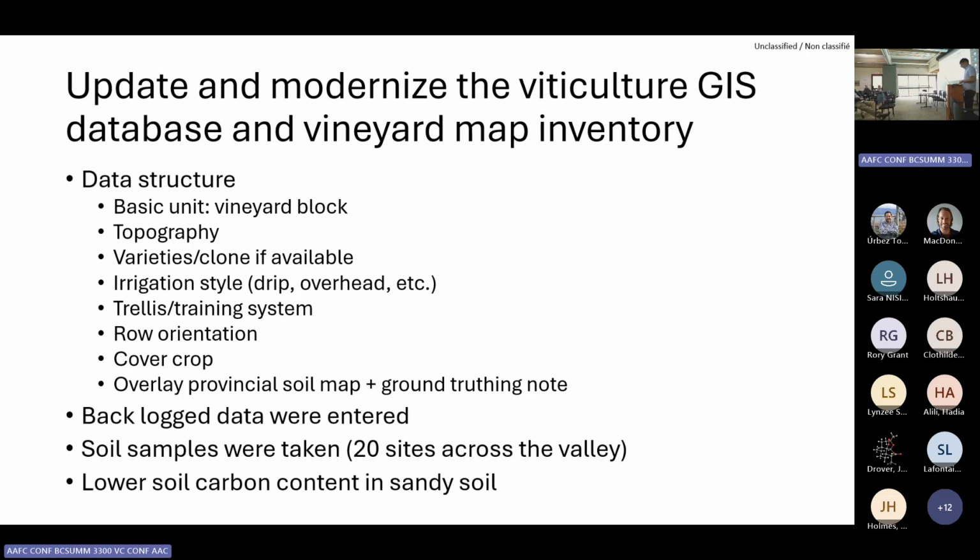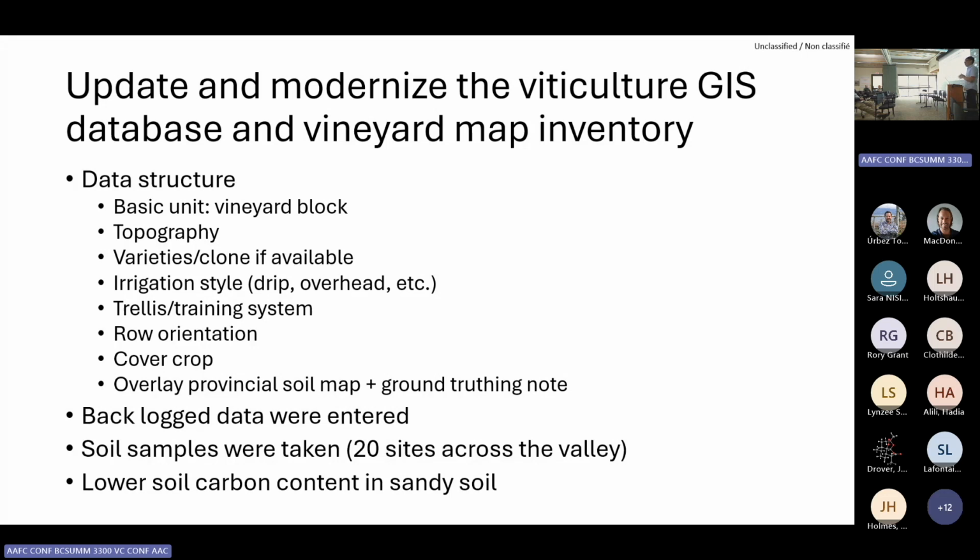Okay, so the first one is to update and modernize the viticulture database and the vineyard map inventory. So my technician, I think he's probably here, Steve Marsh, and I bet he's the one person in BC who has worked on most of the vineyards here.